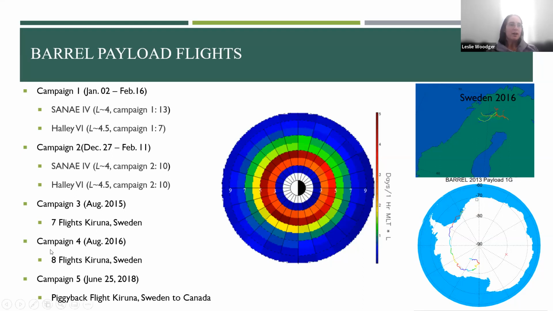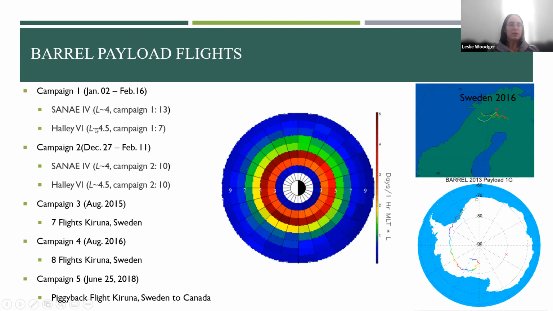And so our original campaign, campaign 1, ran from January 2nd to February 16th, 2013, sorry, I didn't put the year there. And then campaign 2 started December 27th, 2013, and ran through February 11th, 2014. And you can see the 2 stations and how many balloons we launched here.